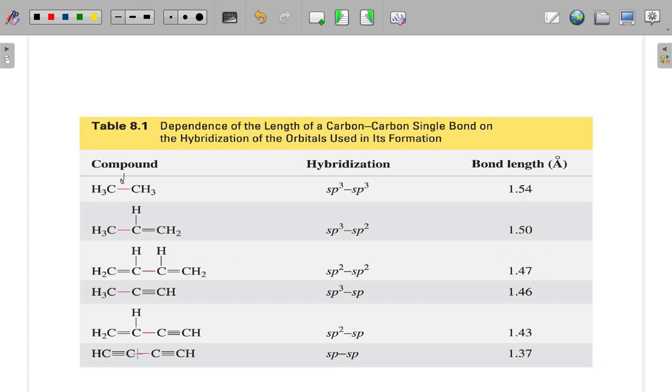And if I put it between a triple bond and a double bond, or two triple bonds, it's almost as short as a double bond, because an actual double bond is going to be about 1.33 angstroms. So it's getting significantly shorter. That is telling us that something's going on.